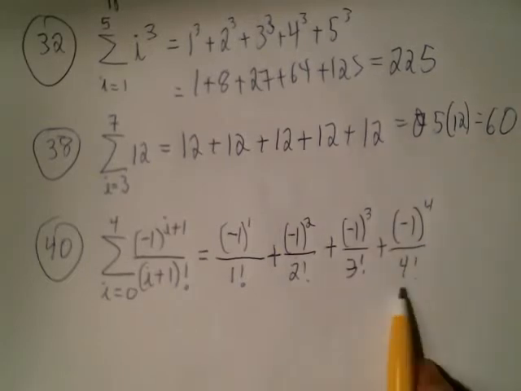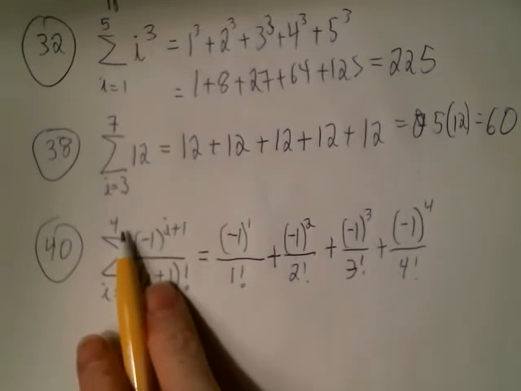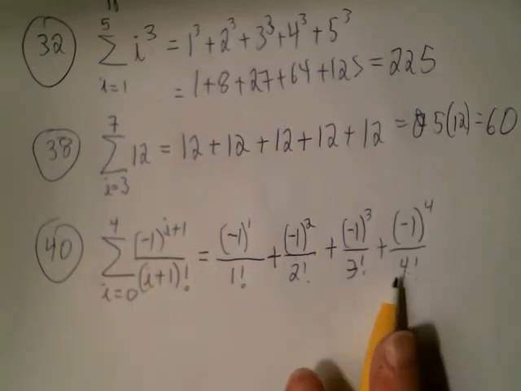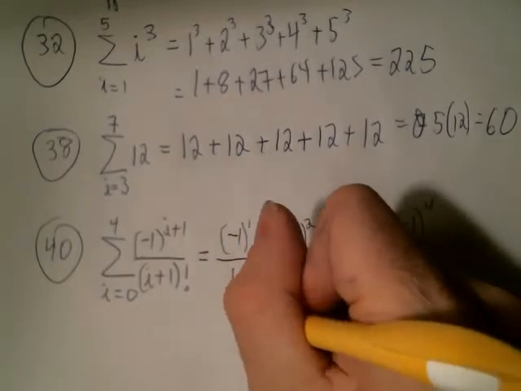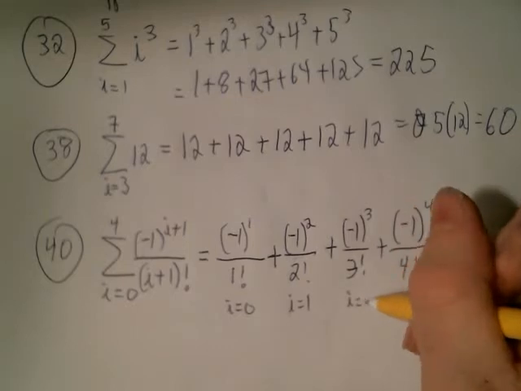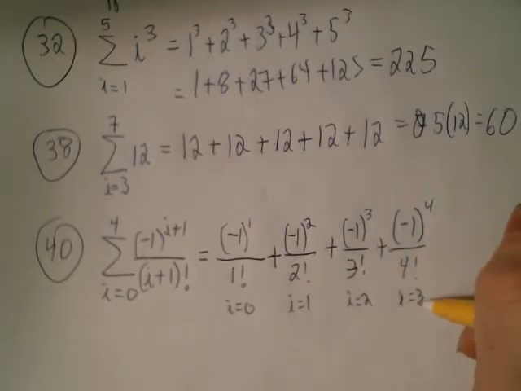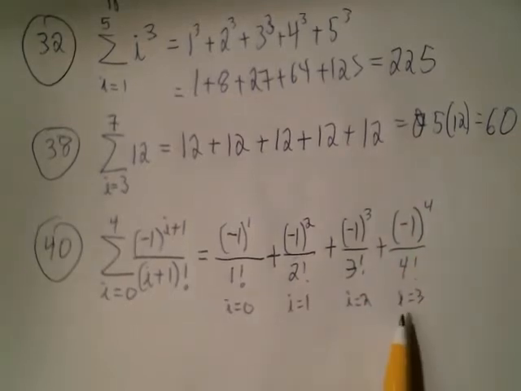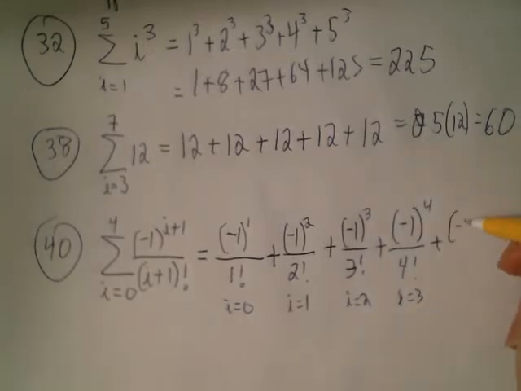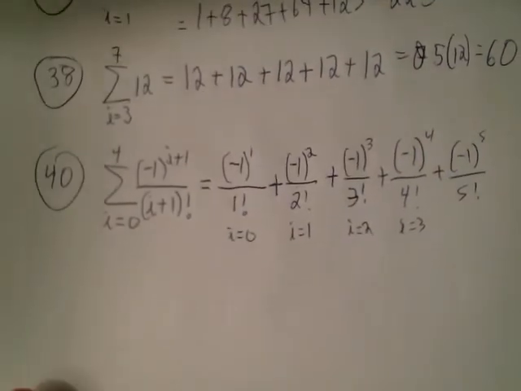Be careful, though, if you're using a pattern that you recognize, you're not stopping at this term. Right? This is I plus 1, so if you were to list them out, this is I is 0, I is 1, I is 2, I is 3, and we haven't reached the upper limit yet. So we need to go one more, to -1 to the 5th all over 5 factorial. Okay?